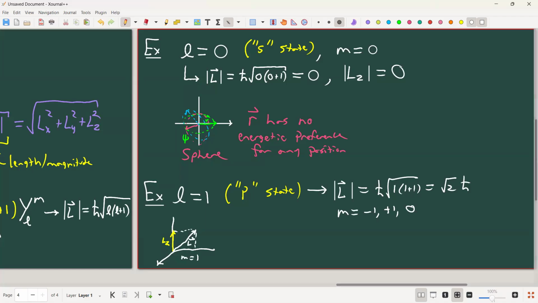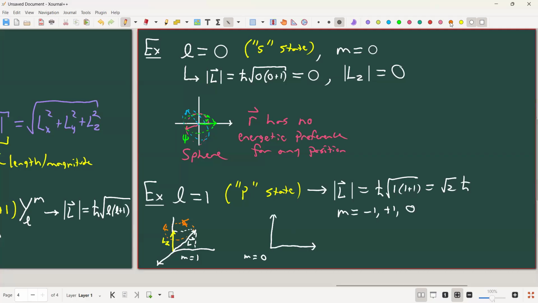So that corresponds to, let me think. L is in this way, so it's rotating counterclockwise around the z-axis. Oh, that's the wrong way, counterclockwise. There's the M equals 0 state.